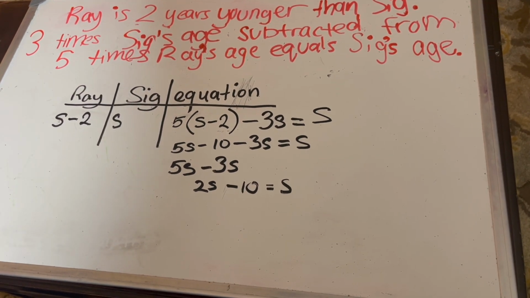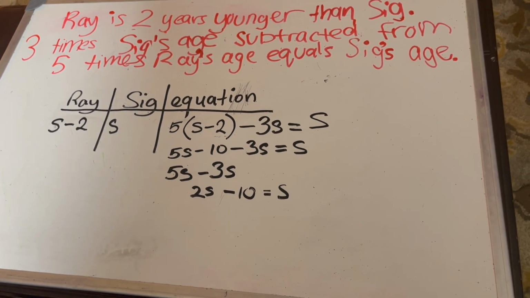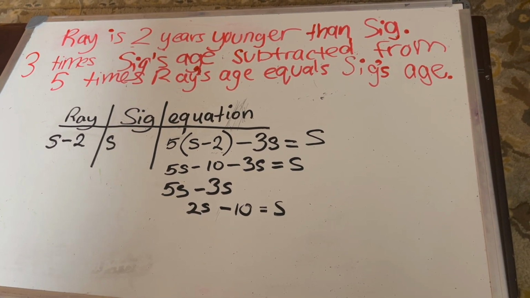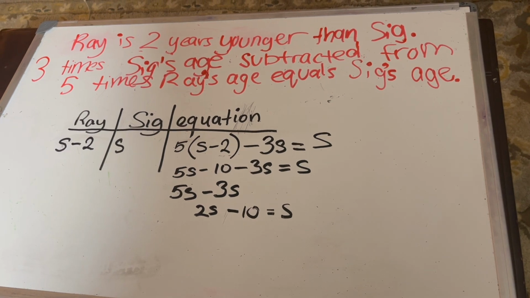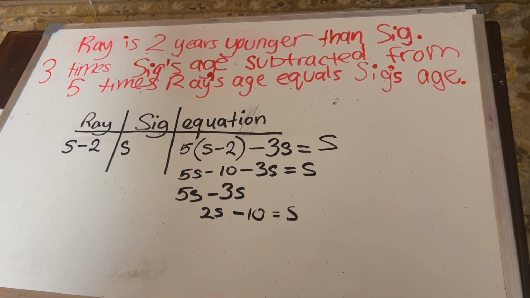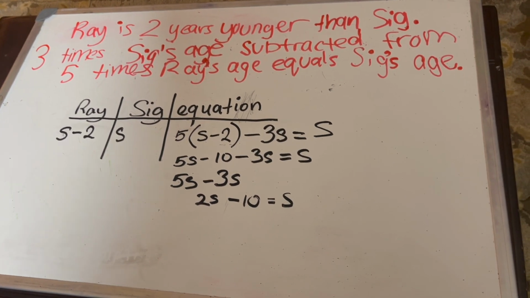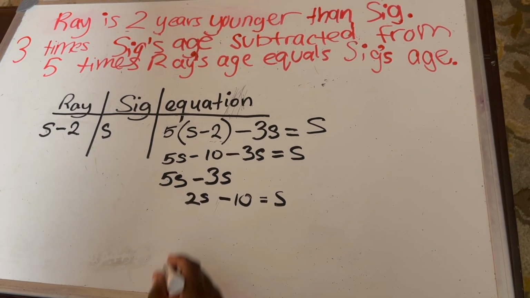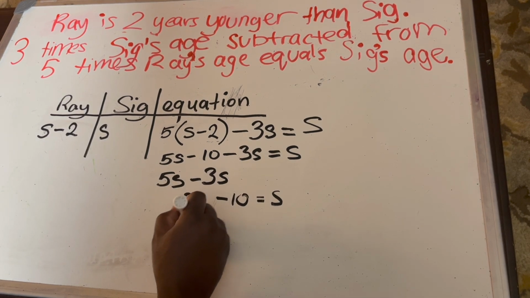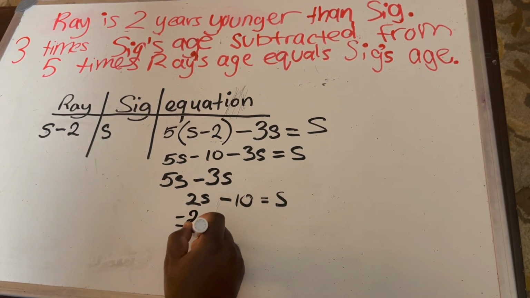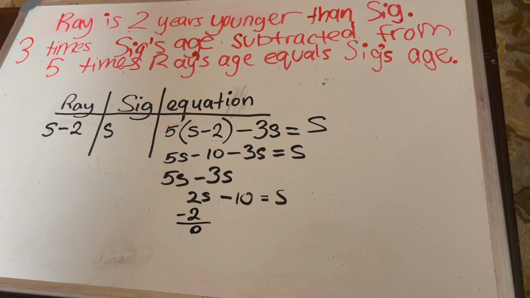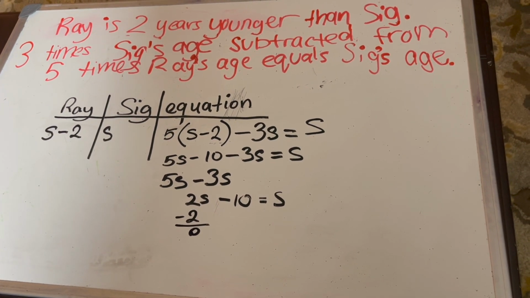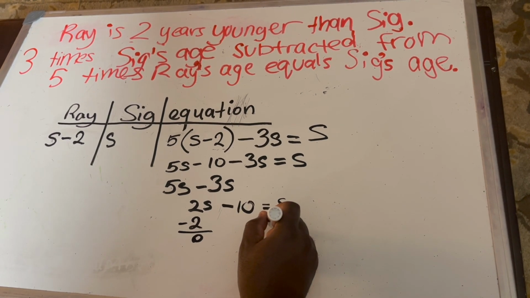So we need to subtract the 2s from both sides. We're trying to get rid of this 2s, so we're going to subtract the 2s from it. That cancels out. Yeah, equal to 0. And then we're going to do the same with our s on the other side. Minus 2s.